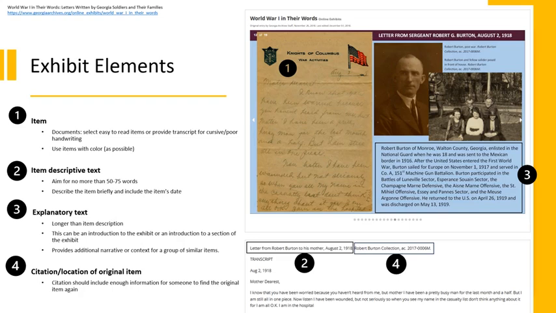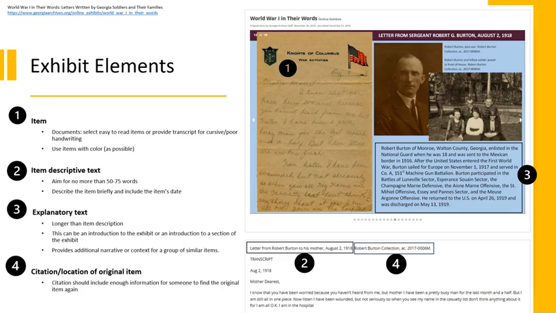It's always a good idea to try to find items with some kind of color in them or visual interest when possible. It's not always possible, but you want to include something that's interesting to the viewer throughout the exhibit. The second item is a description of the item that you've chosen to highlight.